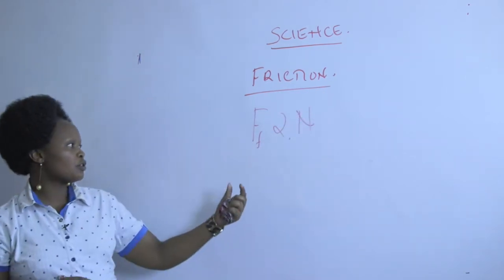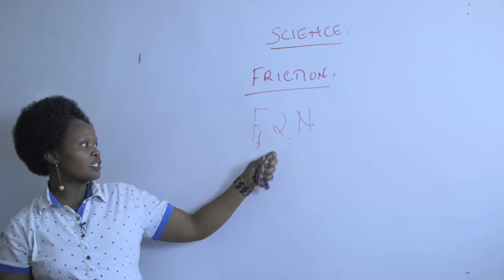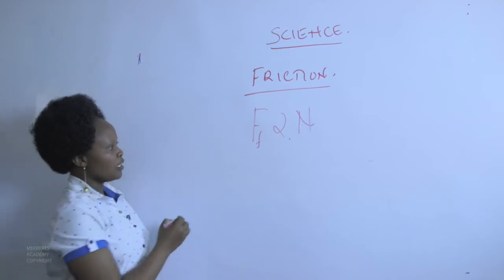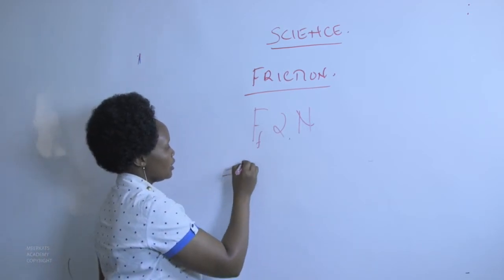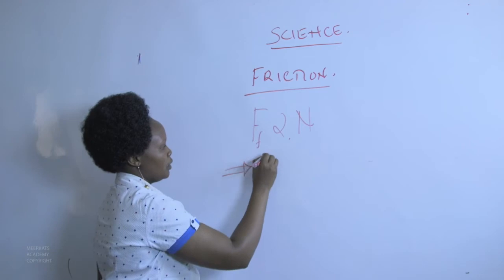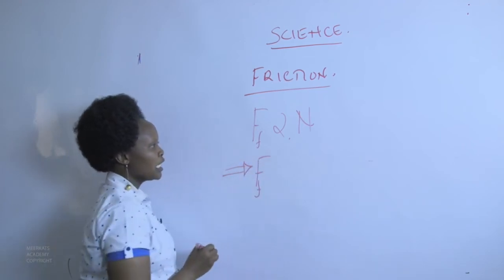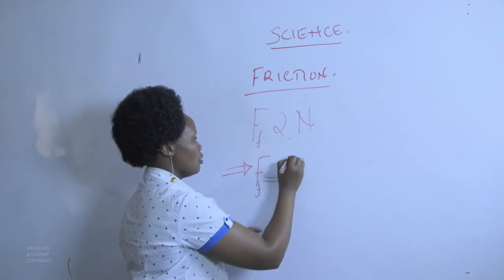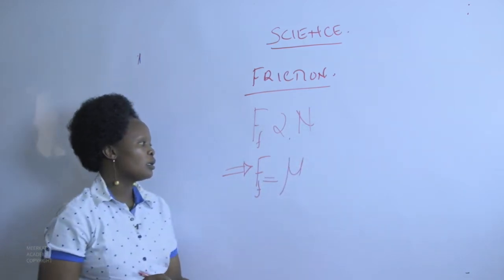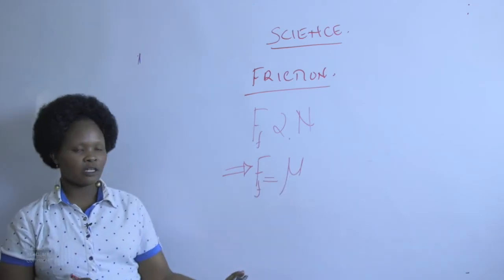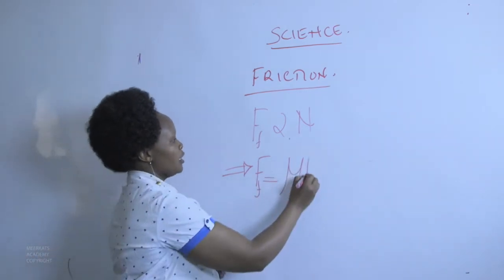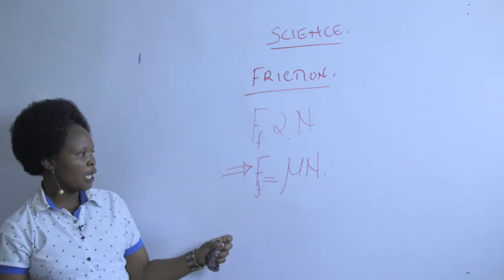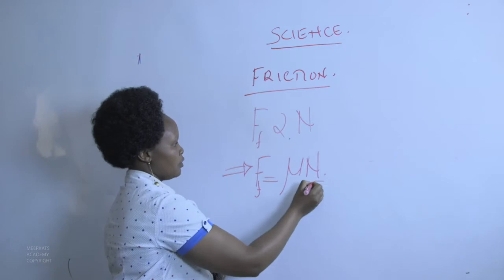We are going to introduce a coefficient so that now we can change the proportionality sign into an equal sign, and that implies that our equation now becomes friction is equal to the coefficient of friction, and then the normal.